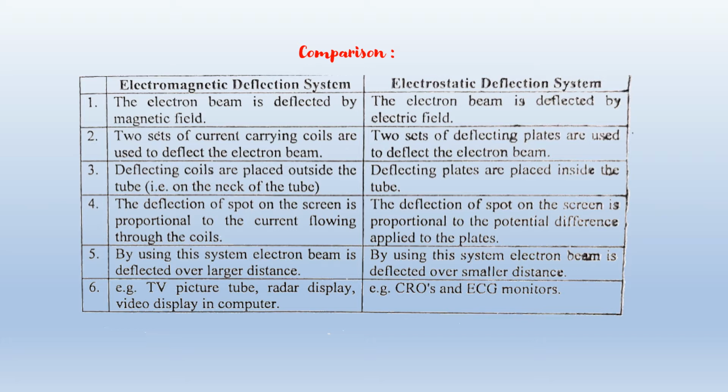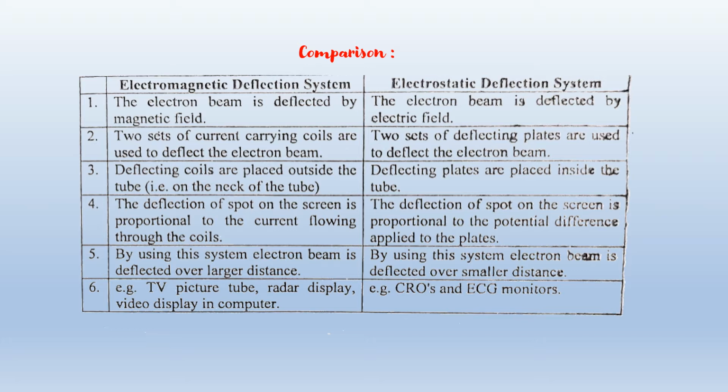These deflecting coils are placed outside in case of electromagnetic, while in case of electrostatic deflection, these plates are placed inside the tube. In case of electrostatic, the deflection of the spot on the screen is proportional to the potential difference applied to the plates, while the deflection of the spot on the screen is proportional to the current flowing through the coils in case of electromagnetic deflection system.